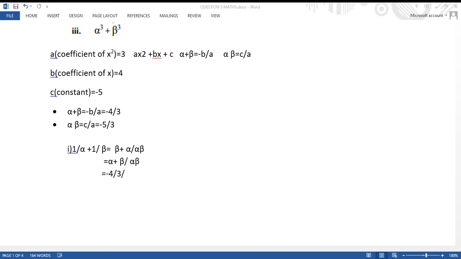Negative 15 over 3 times negative 4 over 3, you get 60 over 9. You can work either way. So I'm working with the fractions first: I multiply the fractions, then I multiply by this negative 3.